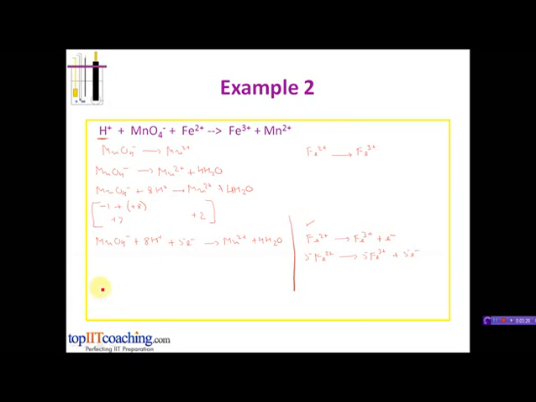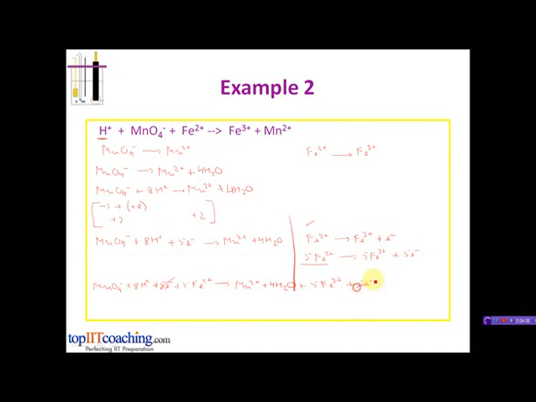Now we are going to add the half reactions. On adding the half reactions, first of all let's write the left hand side, which is MnO4 minus plus 8H plus 5 electrons plus 5 Fe2 plus. Now let's write the right hand side of both the reactions. It is Mn2 plus 4H2O plus 5 Fe3 plus 5 electrons.